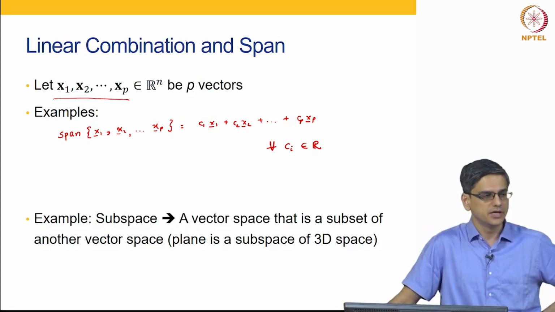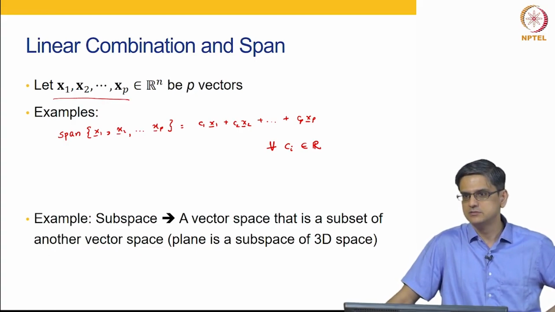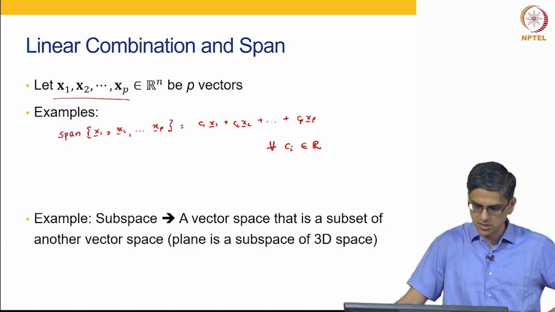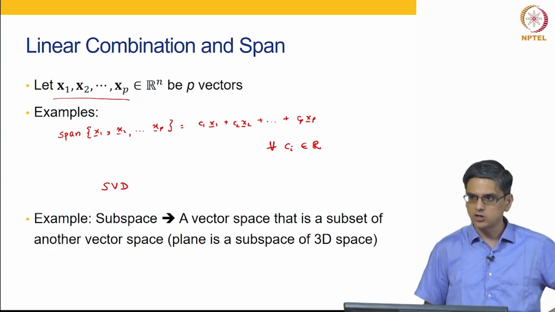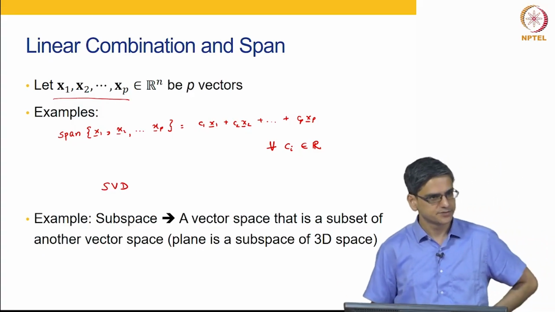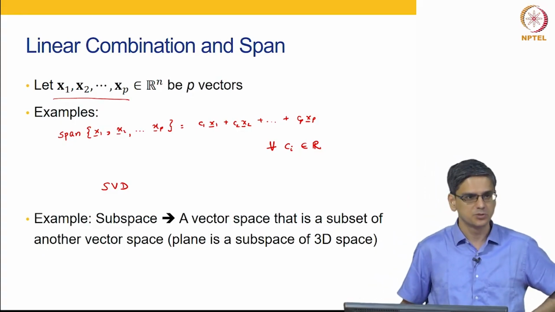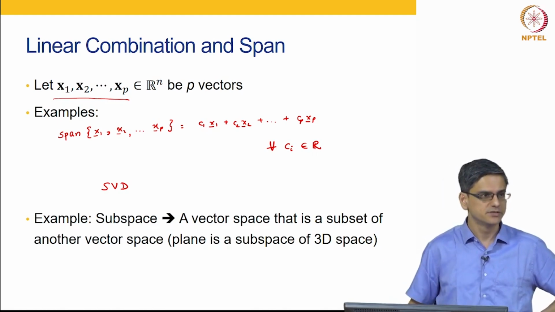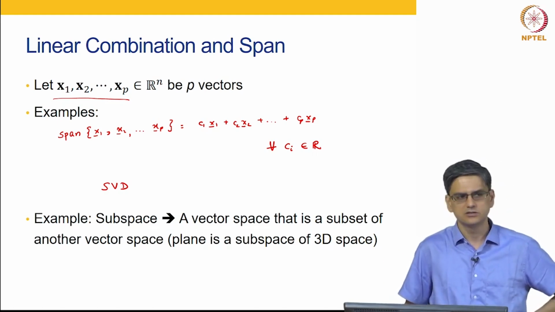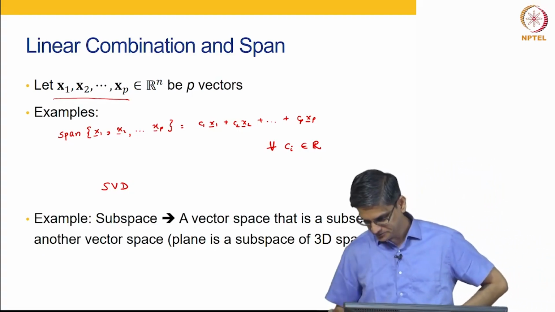In your first assignment, you will have a question about trying to find out the span of a set of vectors and compare it by doing what is called singular value decomposition. We will talk about singular value decomposition in tomorrow's class, if we have time, otherwise we will move it to next week. How many of you have not done SVD or have not heard the term SVD? Can raise your hands. Okay, fair number. So we will talk about that.